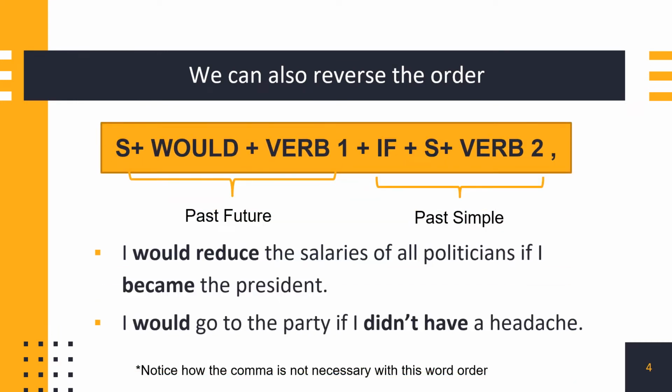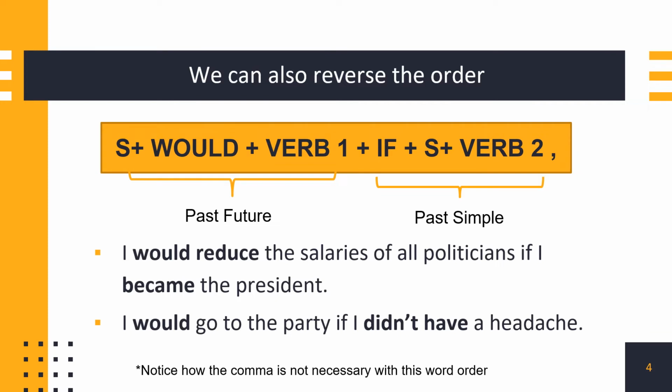In the second conditional sentence, we can also reverse the order. In the previous one, we put if clause at the beginning of the sentence. But in this order, we put if clause in the middle of the sentence.